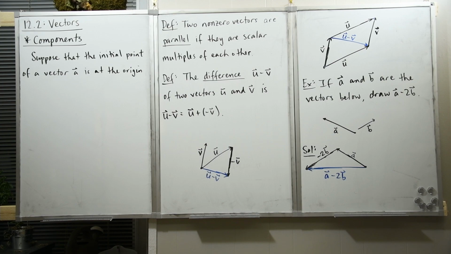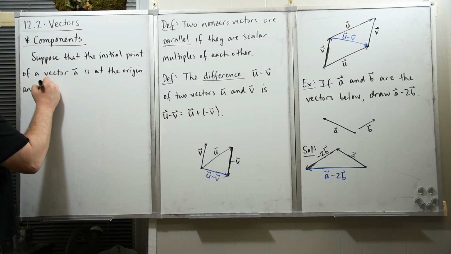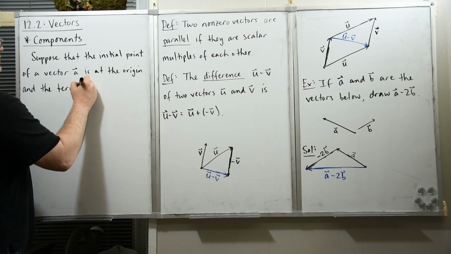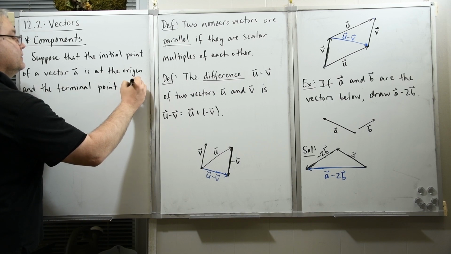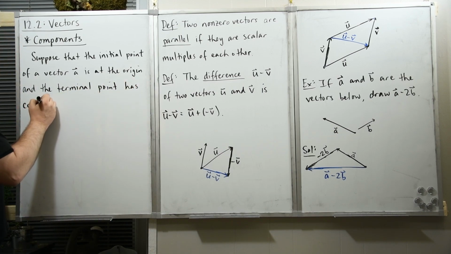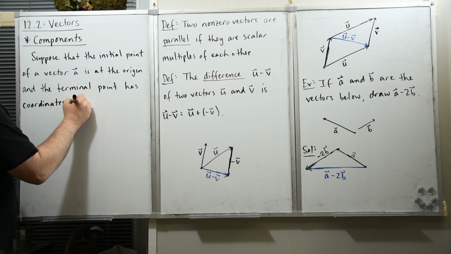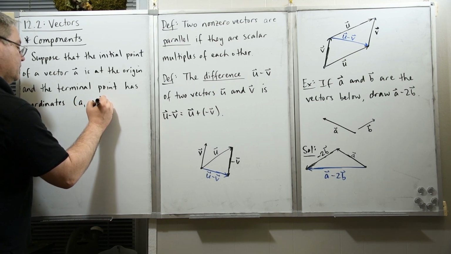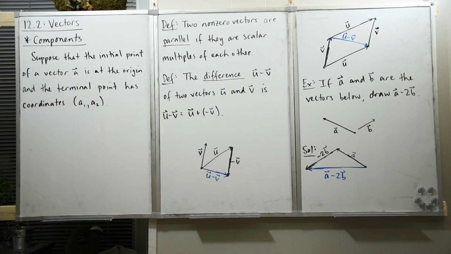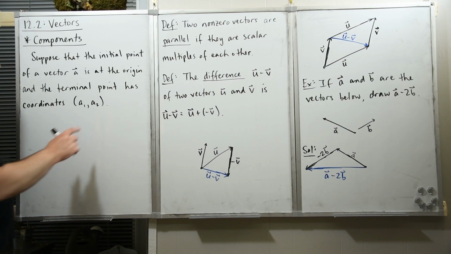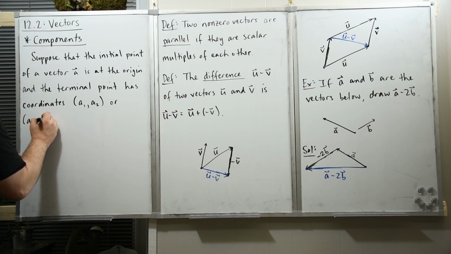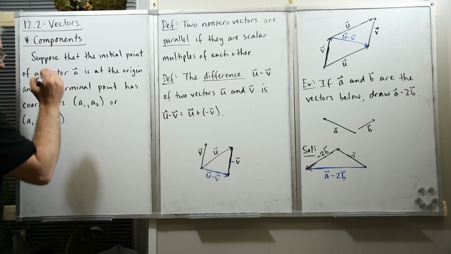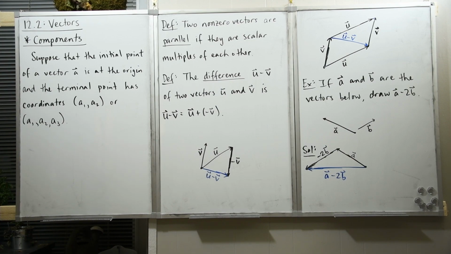And let's say that the terminal point has coordinates A1, A2. Or maybe we're in three-dimensional space, in which case the coordinates of the terminal point might be A1, A2, A3. Now these coordinates are called the components of A.